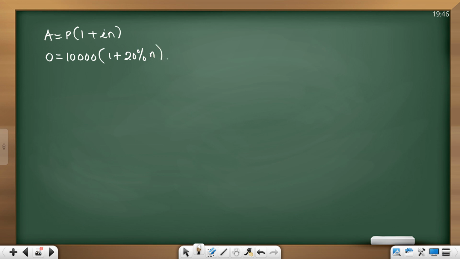N. All we need to do is to solve for N. Divide everything by 10,000. 0 minus 20%. That is 0,2. So 1 over 0,2.